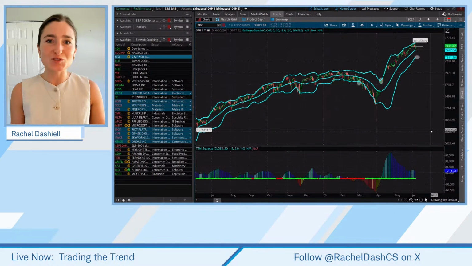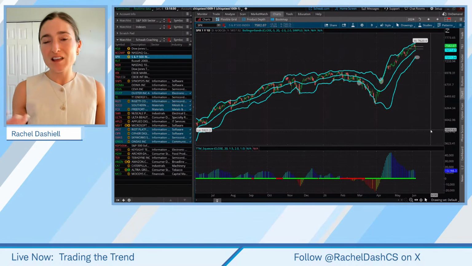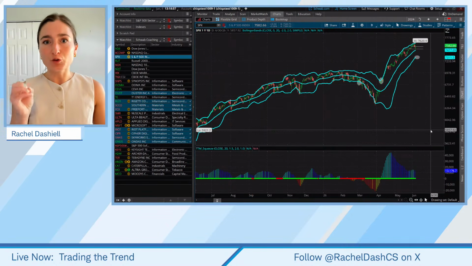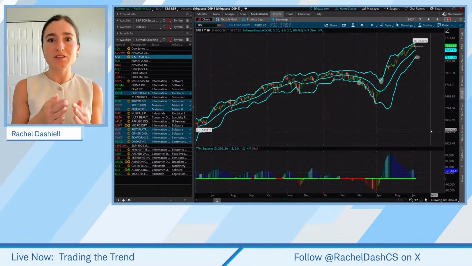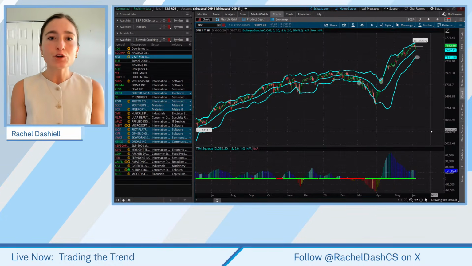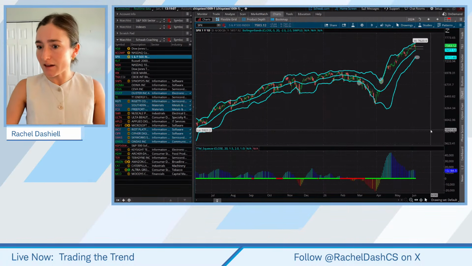I know Kevin has his Horner rule of 3 closes beyond a certain level. So with the TTM squeeze, we're using that same type of rule, waiting for 2 or 3 green bars to show us that there is a continued move in that direction. So the 3 green dots is just a little bit of confirmation coming out of that TTM squeeze.